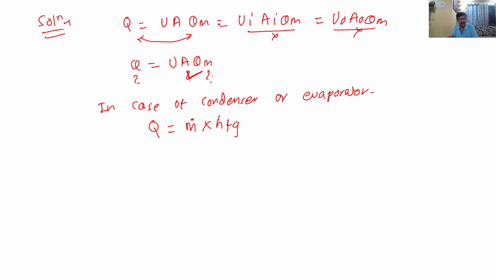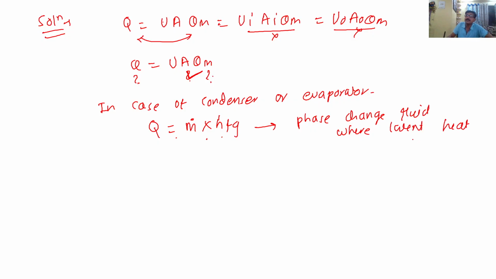It is not m dot S CPS (TH1 minus TH2), or m dot C CPC (TC2 minus TC1), for the fluid for which phase change occurs. Remember, in a condenser or evaporator, wherever the phase change occurs, for that particular fluid you can use this formula. So this is applicable only for the phase change fluid where latent heat is involved.